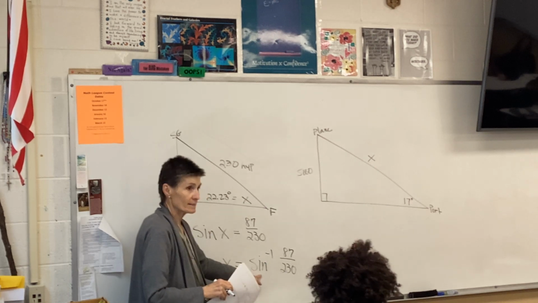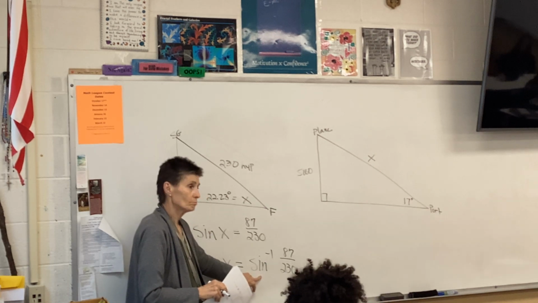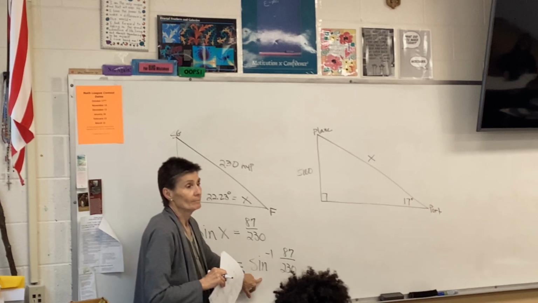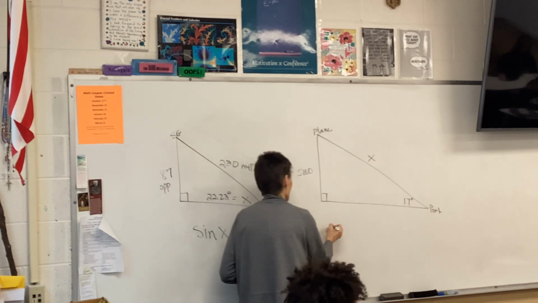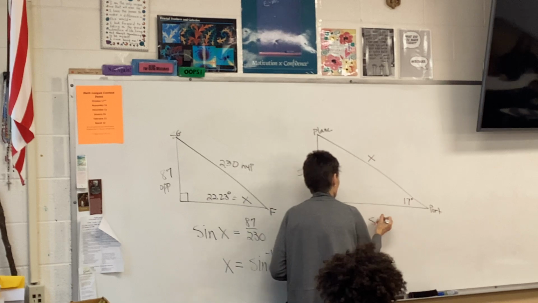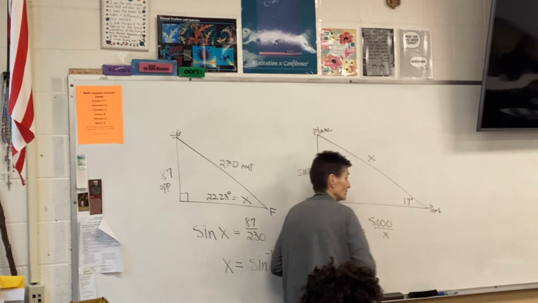Are we gonna need second sine this time? Nope. Regular, one of them. You want sine, cosine, or tangent? Sine. Sine 17 equals opposite over hypotenuse.